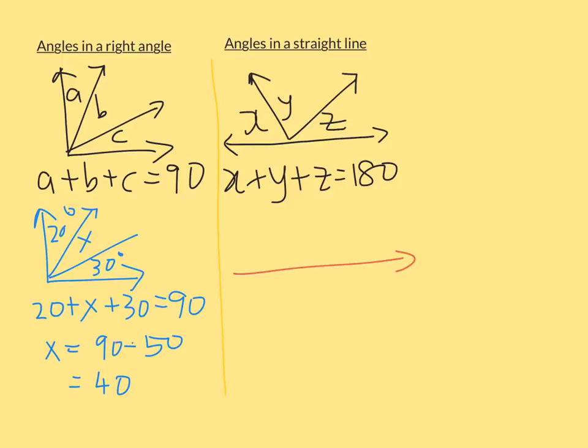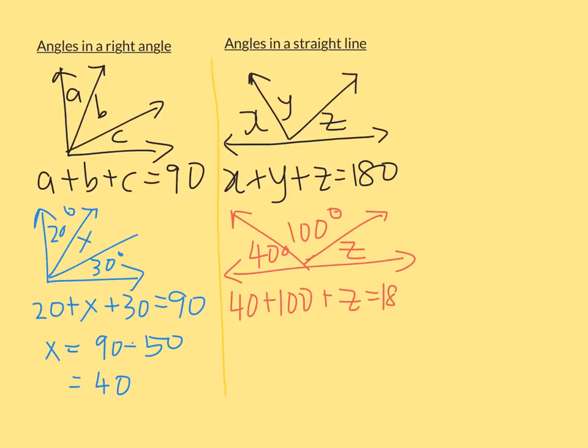So if you have 3 angles here, say this is 40 degrees, and this, let's say this is 100 degrees, and let's say this is angle Z. So 40 plus 100 plus Z will equal 180, and 140 plus Z equals 180. So Z will equal 180 minus 140, and that gives you 40 degrees.